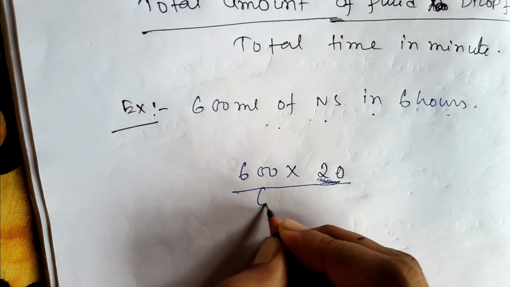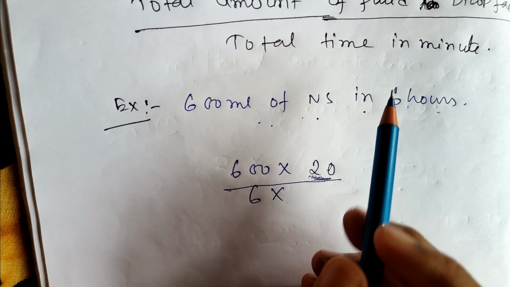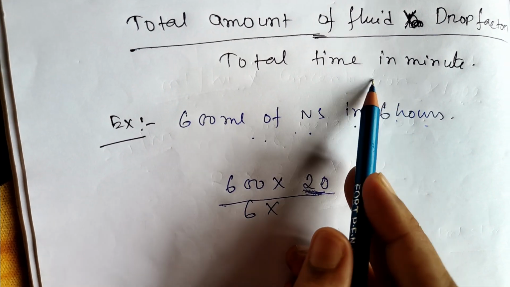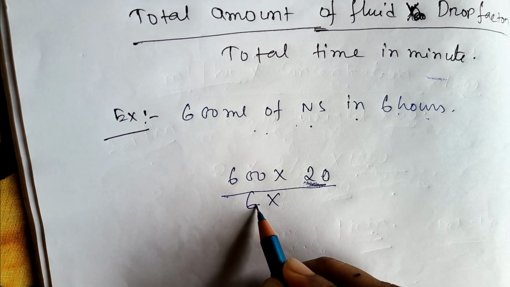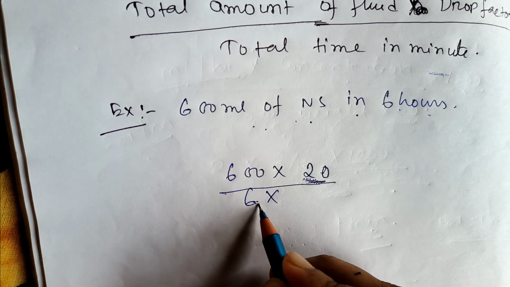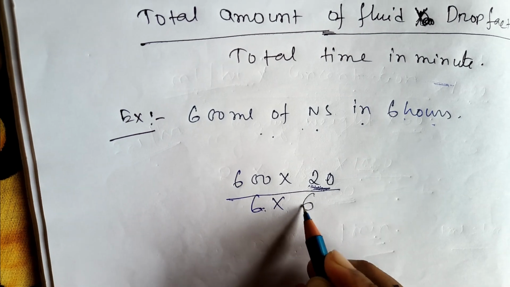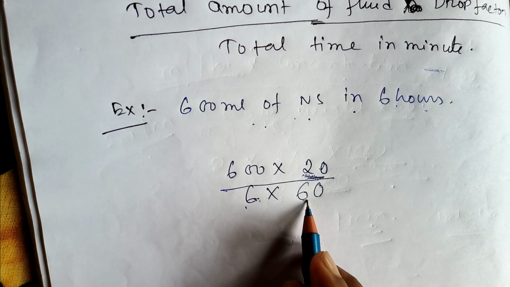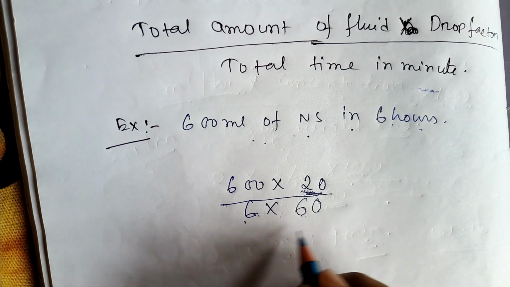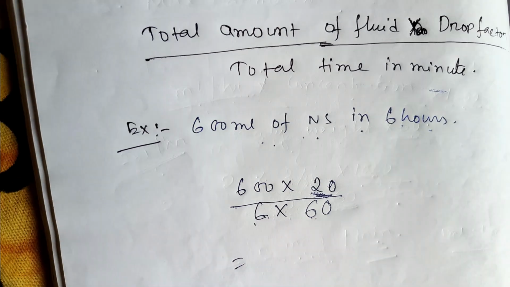divided by total time. I already told you we have to write the time in minutes. So 6 hours is there, and to convert the hours into minutes we have to multiply by 60. By this way we got the answer.